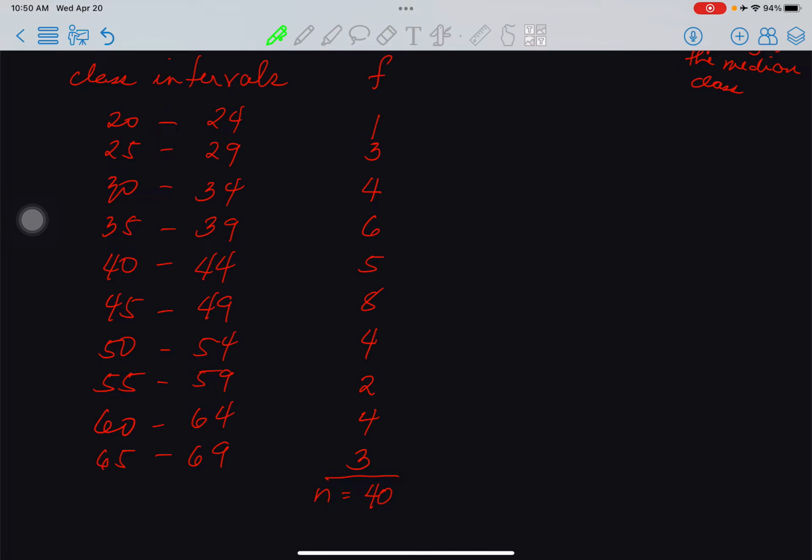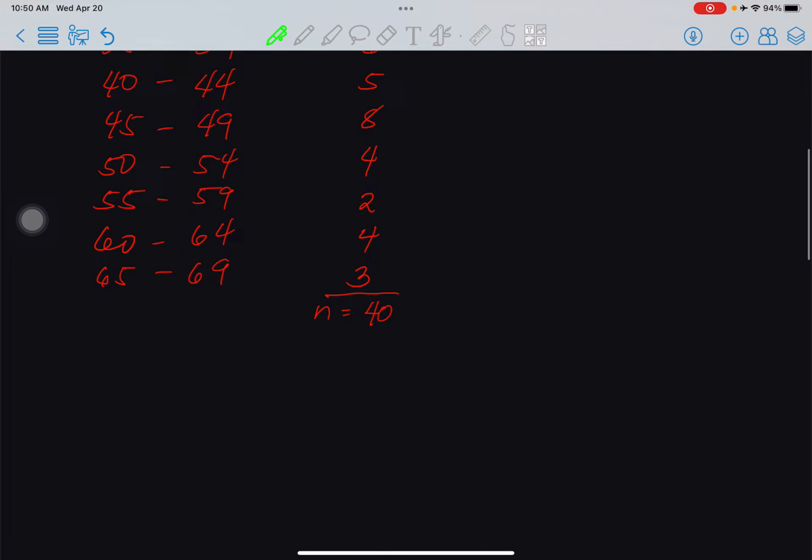Half of 40, we have n over 2 equal to 40 over 2, so n over 2 is equal to 20. That is the value of n over 2, or simply half of n.